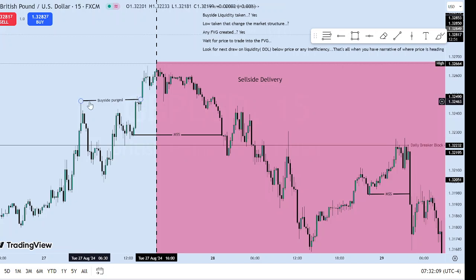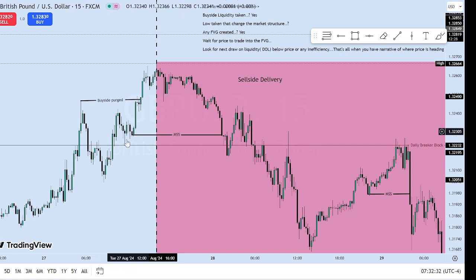So you are waiting for a liquidity like this to be purged, to be taken. Then once we have a break of structure like this, here is the previous low. There's no other low that has taken this. This is the low that created this range that took out this buy side liquidity.